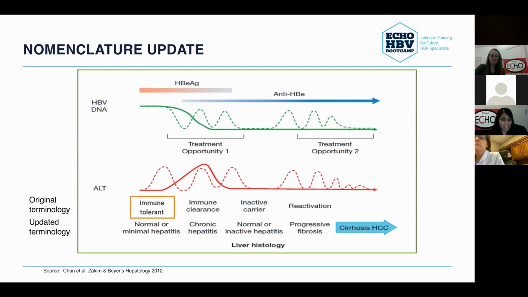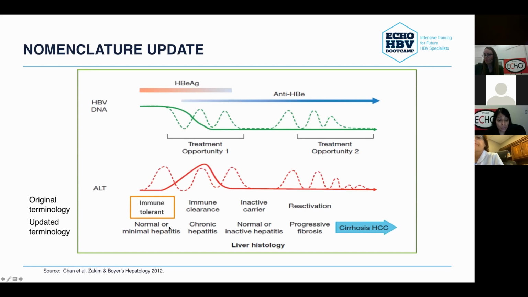So what we've included here are some of the old terminology and some of the updated or newer terminology. And I do think the newer terminology, this is my personal bias, is better because it's more descriptive. Some of this old terminology includes terms like inactive carrier, and I think that has over time, for some providers, led to a lot of confusion about how can you be a carrier and it's inactive, and what does that mean about your infectious status and your risk for progressive liver disease.